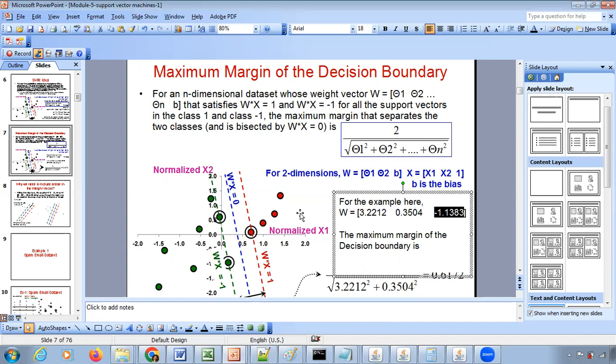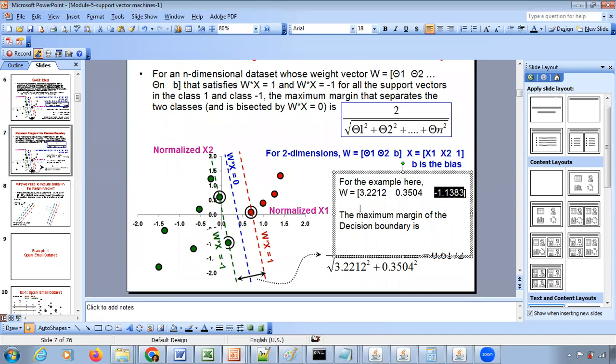In order to get the maximum margin that we aim for by choosing the two green data points and this one red data point as the support vectors, we need to be able to find the values of the parameters such that Wx equal to 0 will be a dividing line between the margin as well as the support vectors that we have chosen.